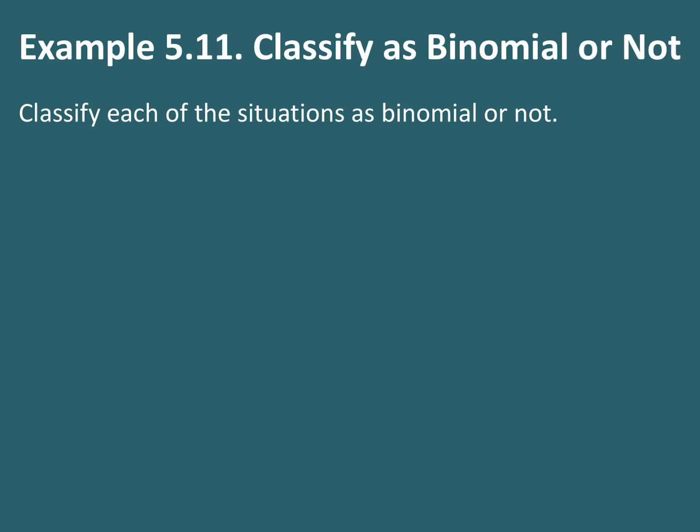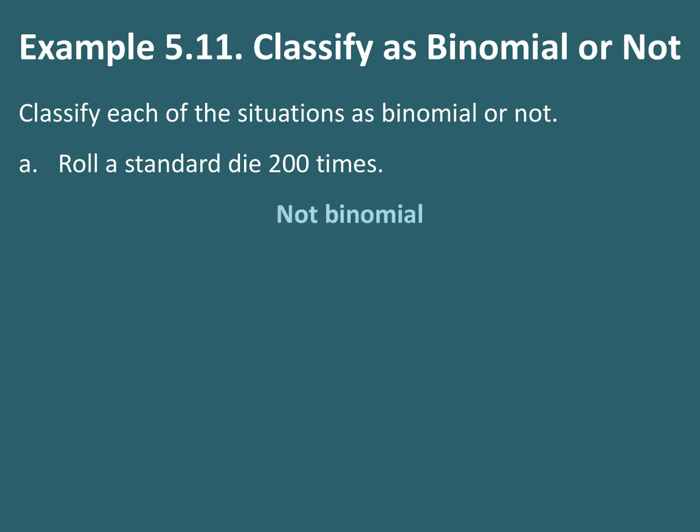Let's go ahead and classify each of the situations as binomial or not. First, rolling a standard die 200 times, standard being 6-sided. This clearly would not be binomial. It's not binomial because each trial has 6 different outcomes, not 2.